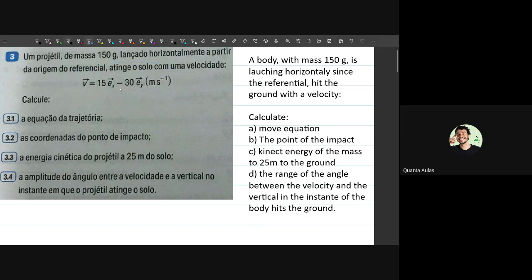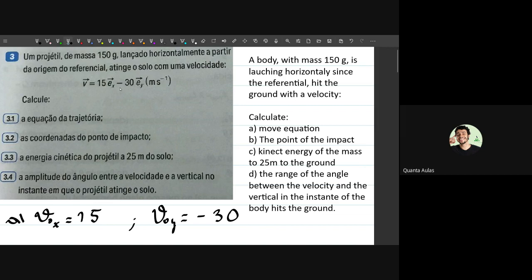So I will write this again, but you will do the first problem. You will do the move equation because you know the equations. V0x is 50, right? And the initial velocity V0y is minus 30. You already know the information about horizontal moving and vertical moving.